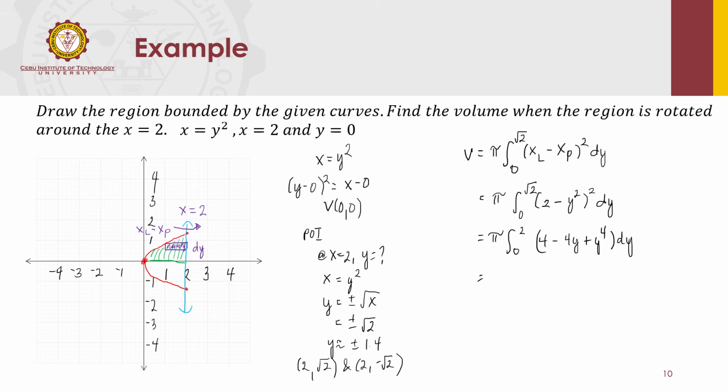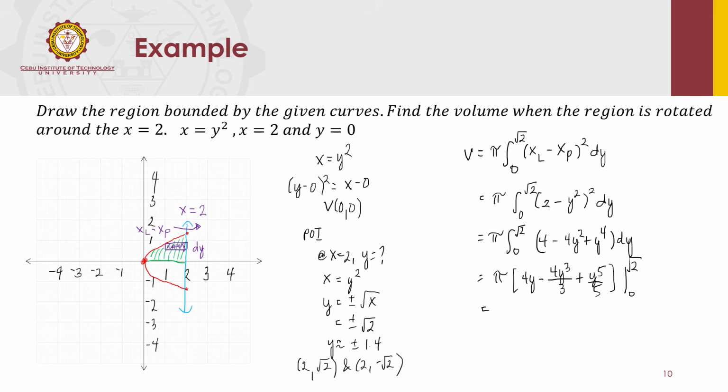So it's 4 minus 4y squared plus y to the power of 4 dy. Sorry, the middle term should be 4y squared. So if we're integrating it, it becomes 4y minus 4y cubed over 3, plus y to the power of 5 over 5, evaluating from 0 to square root of 2.